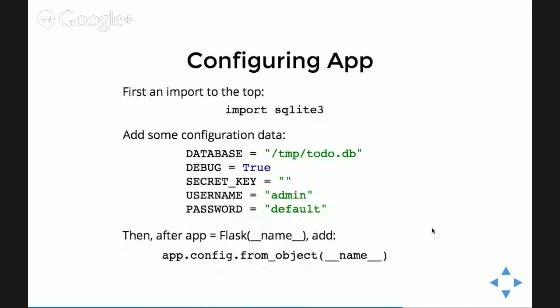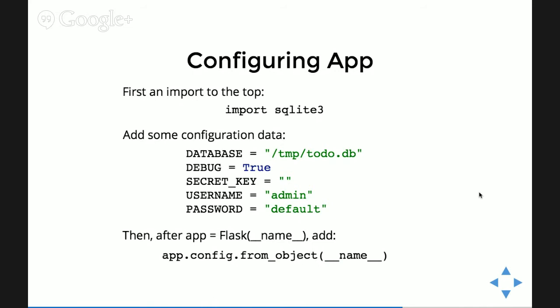We're now going back to the app.py file that we've ignored for a while. What we're going to do is add an import so that you're able to use SQLite in your code, at the top, before app equals Flask.